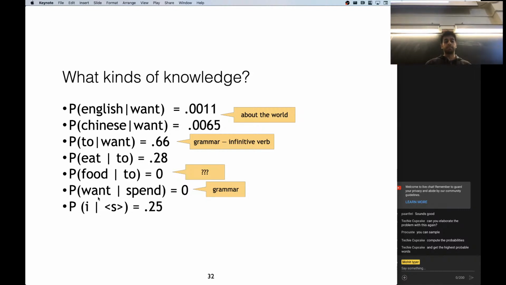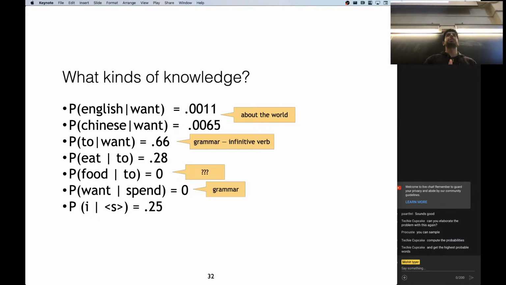Similarly, the probability of want given spend is also very low because that doesn't make any sense. The probability of I given the start of sequence token is very high. That also makes sense because many sentences are likely to start with I, especially if these are reviews written by people about their own experiences.